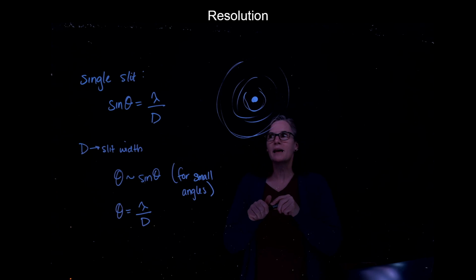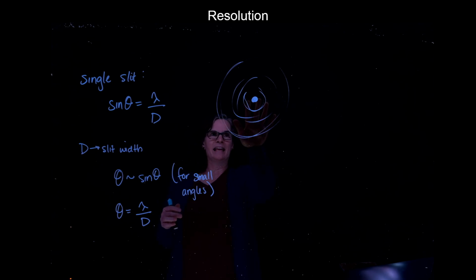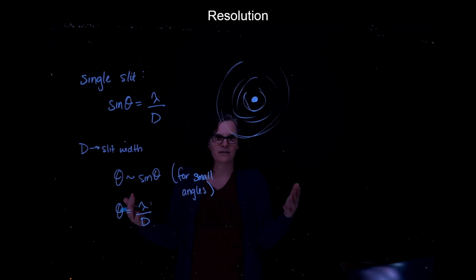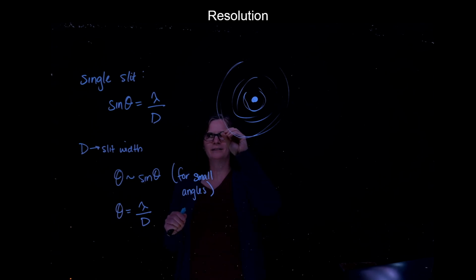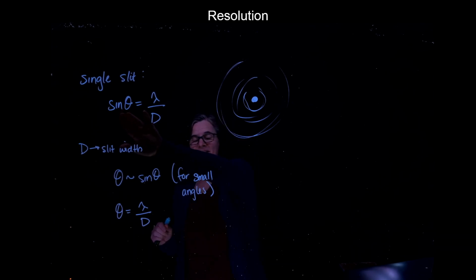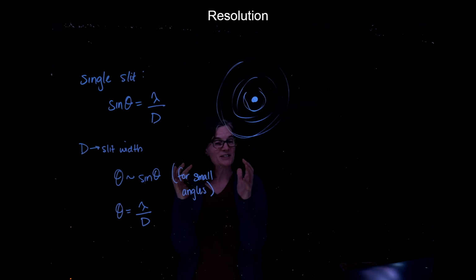Now, just like with a single slit, the angular width of that central maximum is half the angle of the width of the slit. In a single slit experiment, the angular width of the maximum is half the angle of the slit. A circular slit is somewhat different.